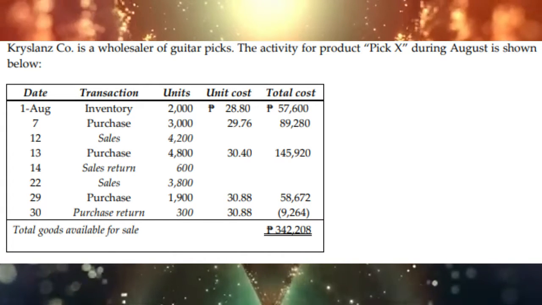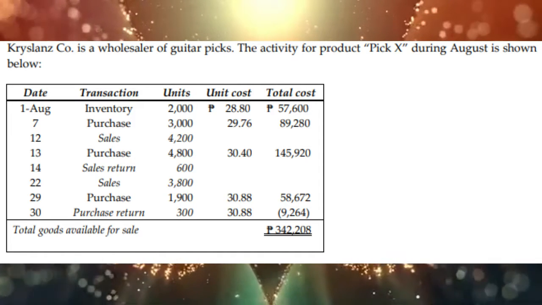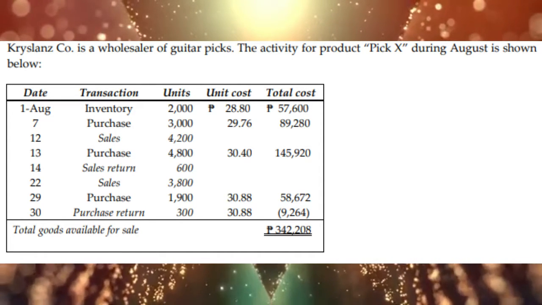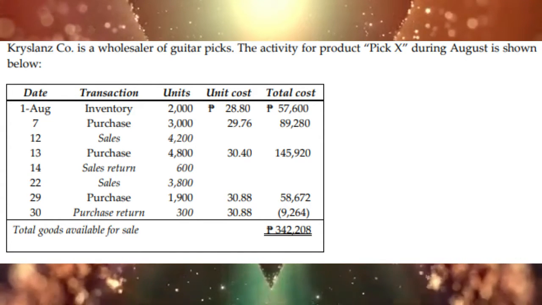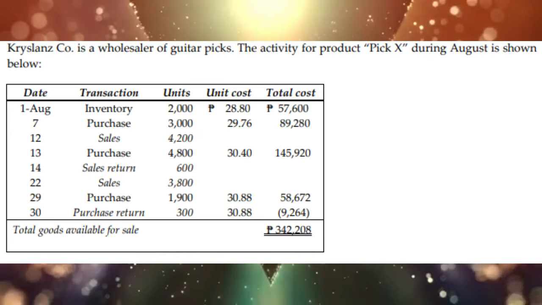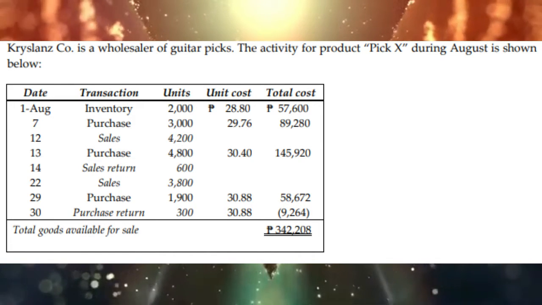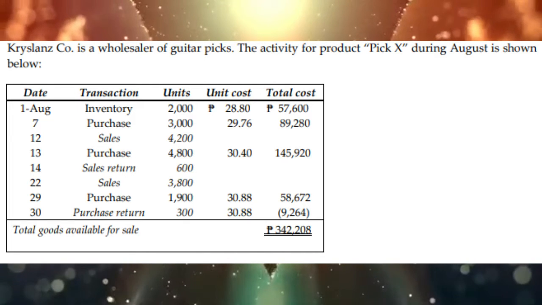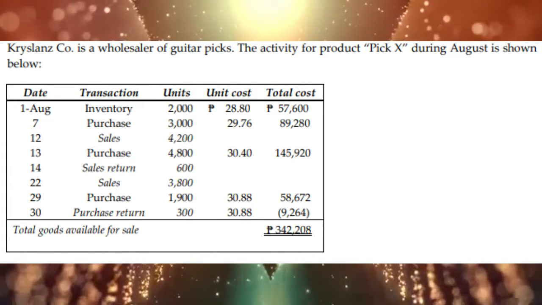Its units is 4,200. From August 13, its transaction is purchase. Its units is 4,800. Its unit cost is 30.40 pesos, and its total cost is 145,920 pesos. From August 14, it has a transaction of sales return. Its units is 600.